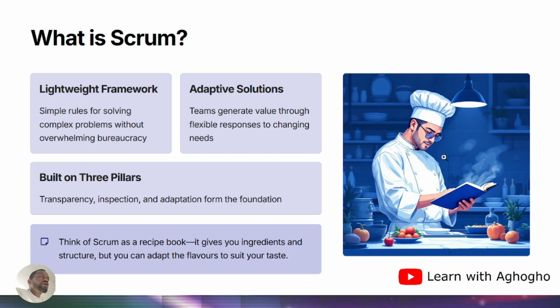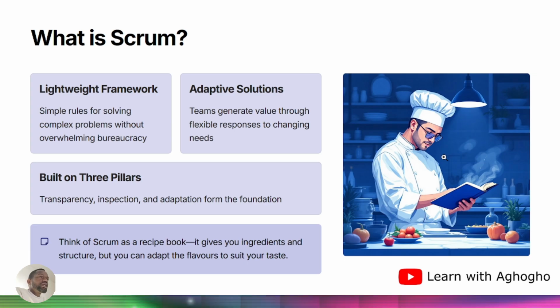Lightweight framework simply means rules for solving complex problems without overwhelming bureaucracy. Overwhelming bureaucracy means you having to take permission from the team's head, and the team's head has to send email to directors and all that. That comes with most waterfall projects or legacy projects.